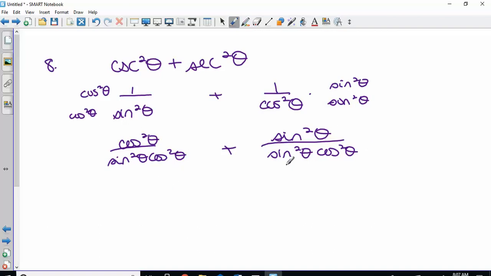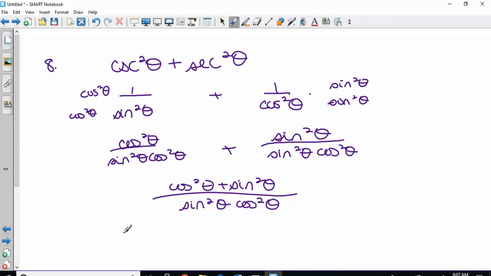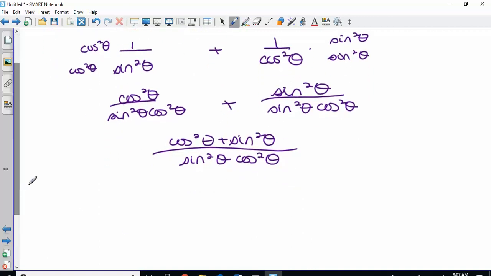All right. Once the denominators are the same, we can make one big fraction. What is cosine squared theta plus sine squared theta? Okay, so then what?